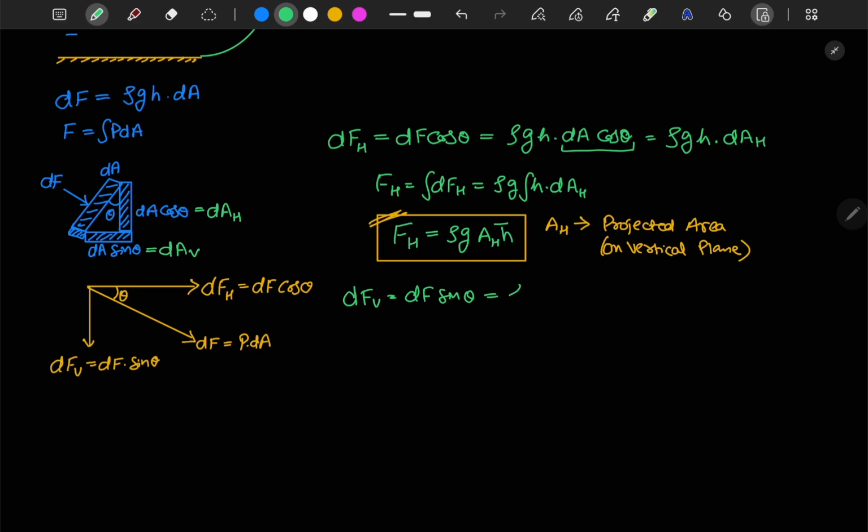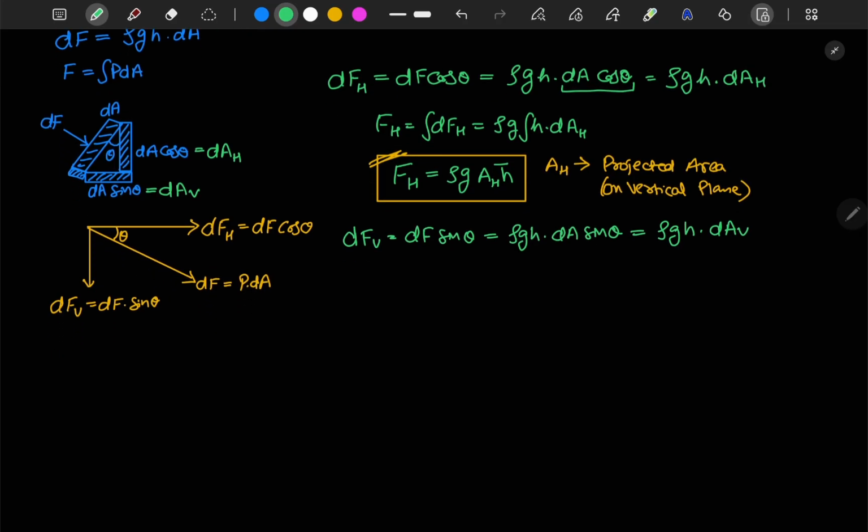Similarly we can also calculate your vertical force, that is dFv is equal to dF sin theta, and this value will be equal to rho g h times dA sin theta, which can be written as rho g h times dAv. Now if we integrate this, I will obtain Fv is equal to the integration of dFv, which is rho g times the integration of h dAv.